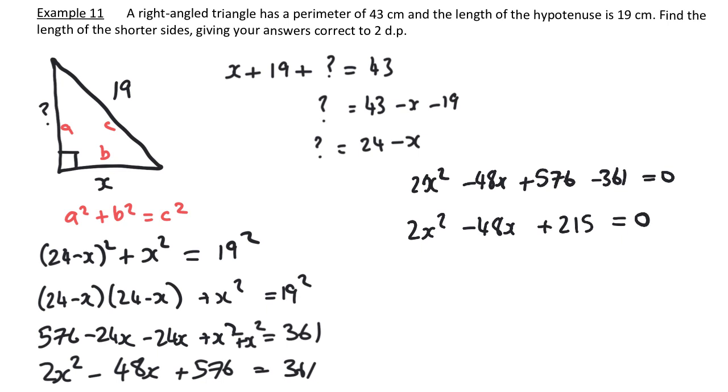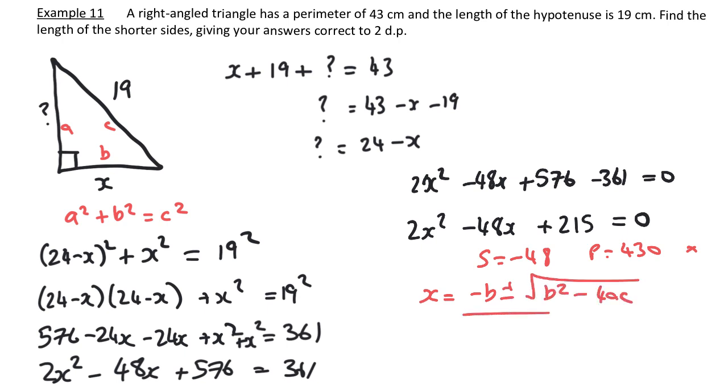Now for this, sadly we don't have any numbers that work when we do the sum and product, so the sum is minus 48 and the product is 430. So we have to use the quadratic formula, which is x equals minus b plus or minus the square root of b squared minus 4ac all over 2a, where a is equal to 2, b is minus 48, so minus b is positive 48, and c is 215.